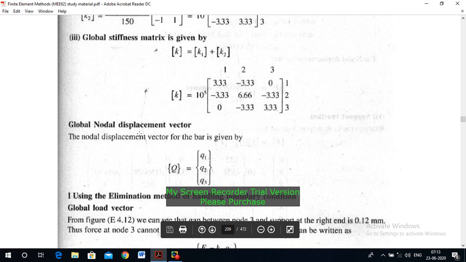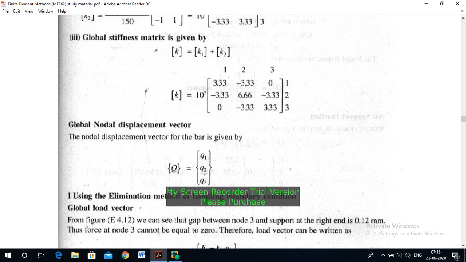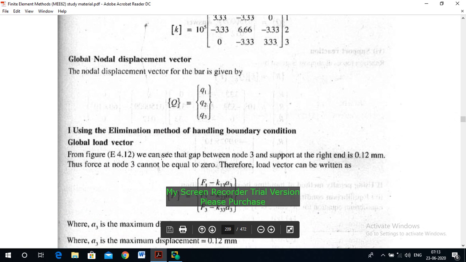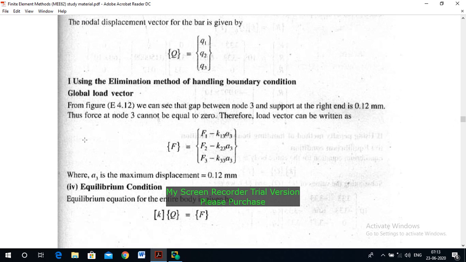Next, the global nodal displacement vector is given by Q equal to Q1, Q2, Q3. This is the nodal displacement vector. We know that, first, by using the elimination method for handling boundary conditions, the global load vector is given as follows. In the figure we can see that the gap between node 2 and the support at the right hand is 0.12 mm. The displacement at node 3 cannot be equal to 0 because there is a gap, so there is a possibility of displacement.